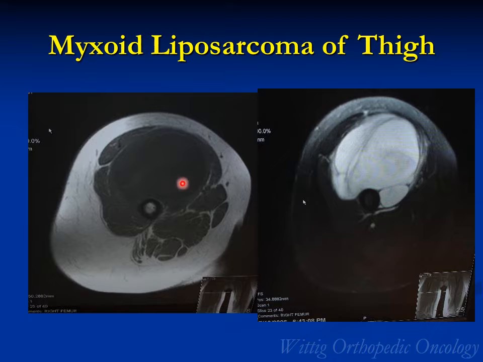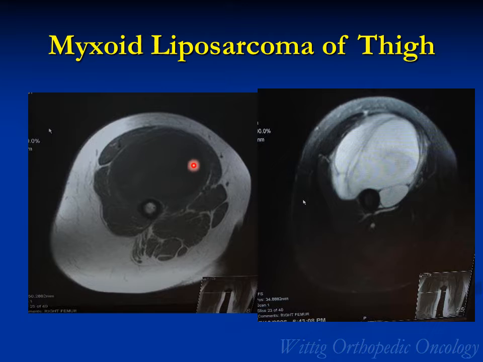Here's a myxoid liposarcoma of the thigh, a very large intramuscular or perhaps intramuscular mass from the vastus intermedius. You can see some wispy high signal areas on the T1.